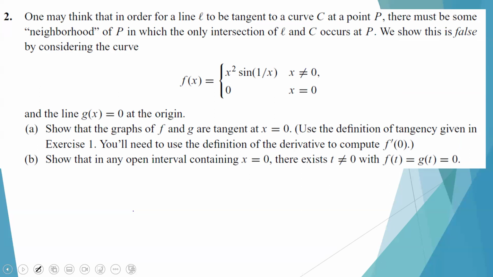We're choosing to set x equal to 0 on this curve because it's 1 over x in the argument. Oh, and the line. So we have 2 things. Show that it's false if we're considering this function here and this function here.